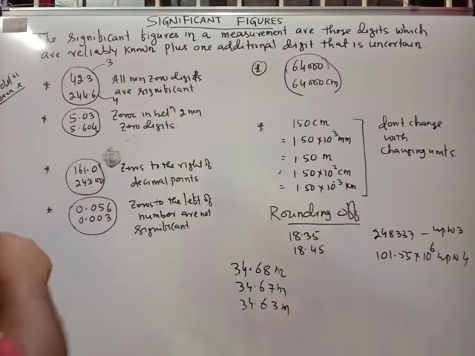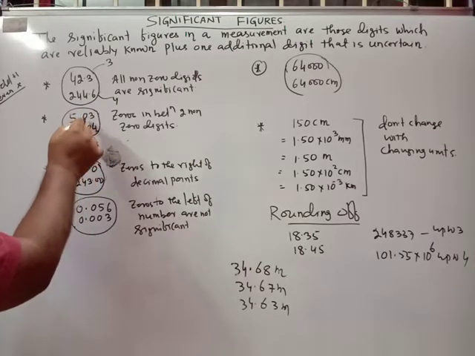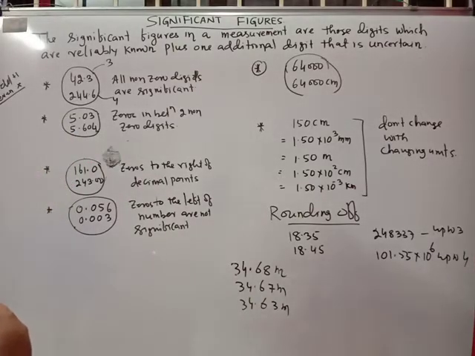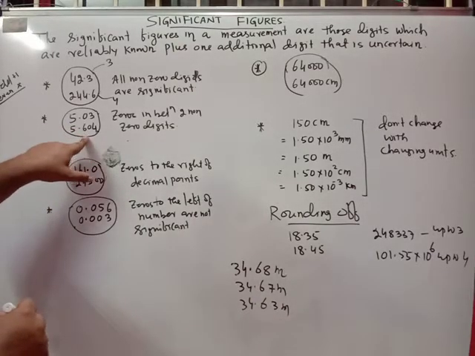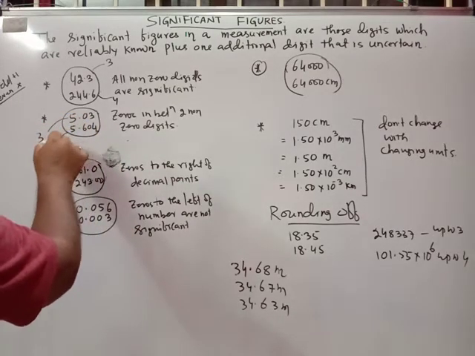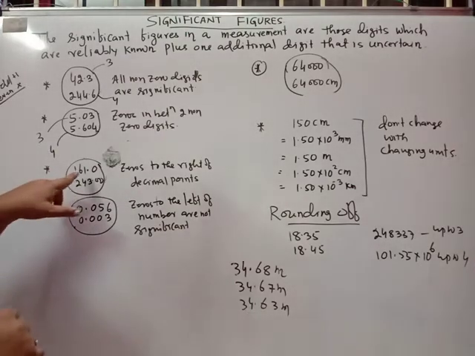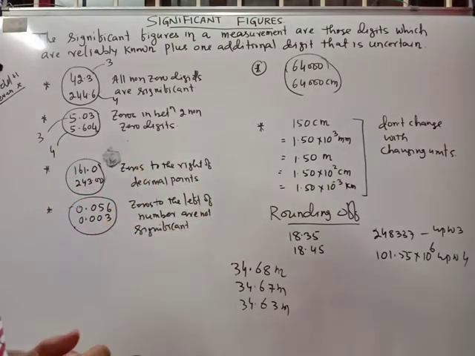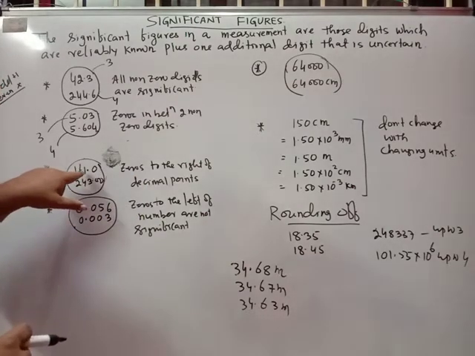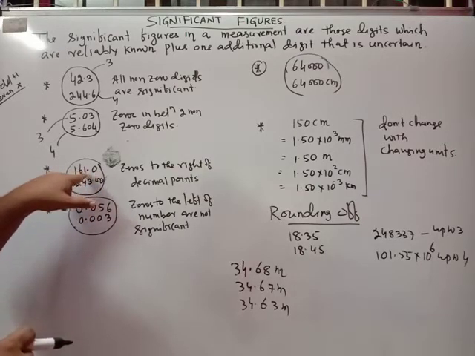If we introduce zeros, what happens? Take 5.03 and 5.604. If the zeros come in between two non-zero digits, these zeros are considered significant. Here the number of significant figures is 3, and here it is 4. Another case: if the zeros come to the right of the decimal point, as in 161.0 and 243.00, here you have one zero after the decimal point, and here two zeros after the decimal point.